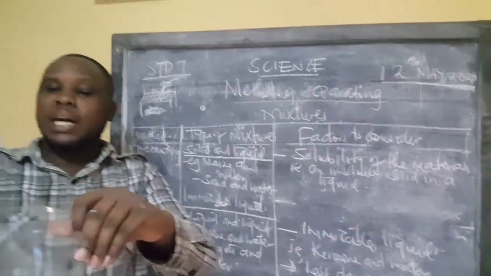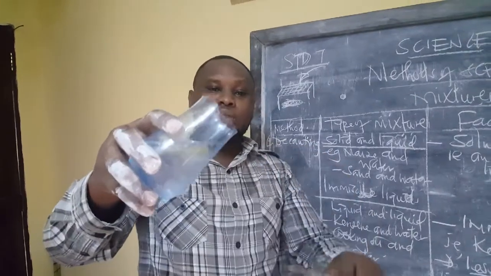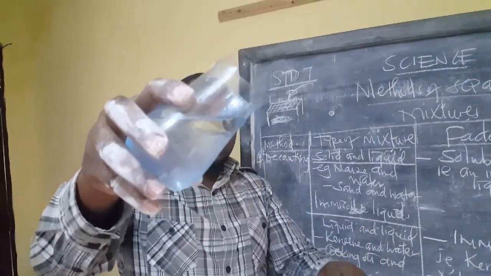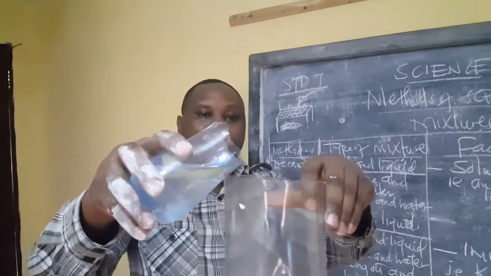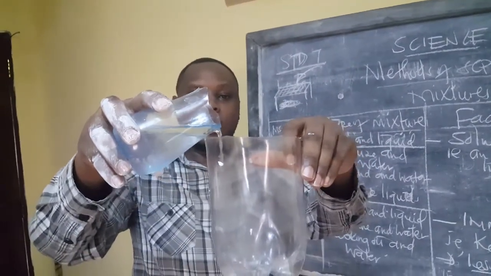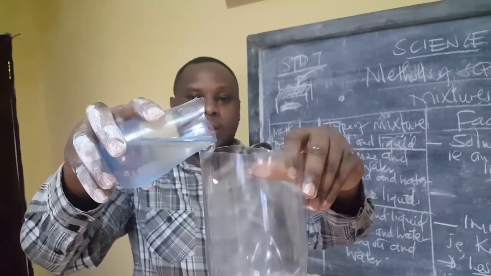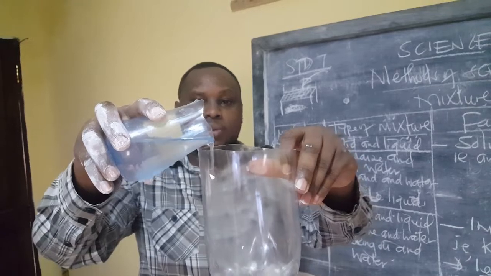So we are going to separate kerosene and water. So we are going to filter carefully. You can be able to see that kerosene is on the upper part. You have seen the layer. So you are going to gently filter this kerosene to this other container. Just like that. Carefully, until all of it comes to the other side.